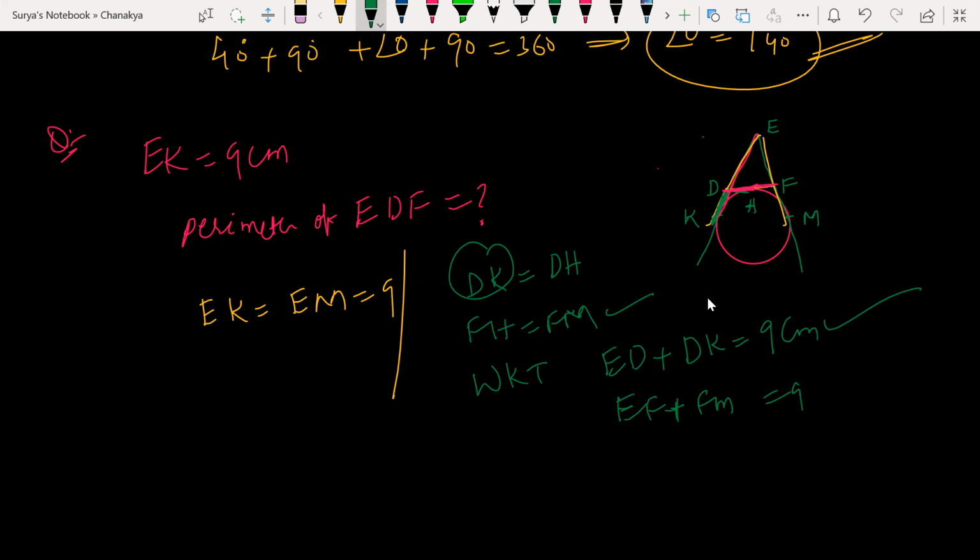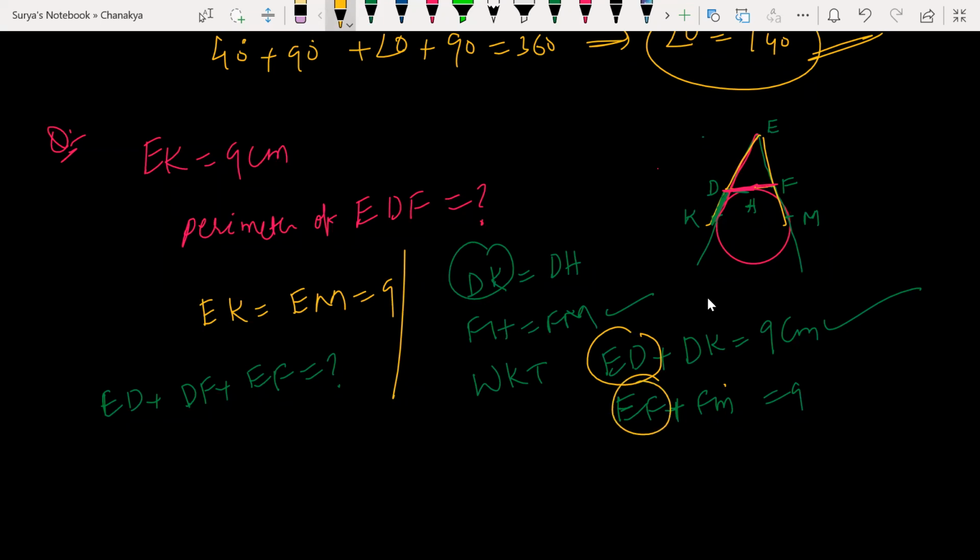Yes sir, no. I need the perimeter of the triangle. What are the things I need here? ED plus DF plus EF is equal to how much? I need to substitute the ED value, the EF value, and the DF value.